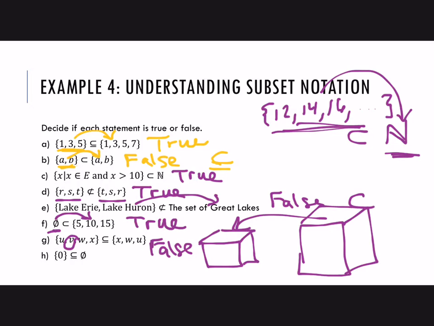Okay, and then finally, the set containing 0 is a subset of the empty set. All right, well, we have this 0 that's not in the empty set. It didn't come from the empty set because there's nothing in the empty set. So therefore, it's not a subset of the empty set, so that is false.